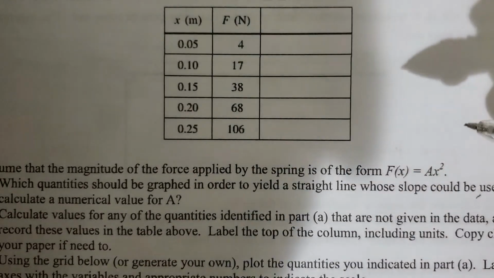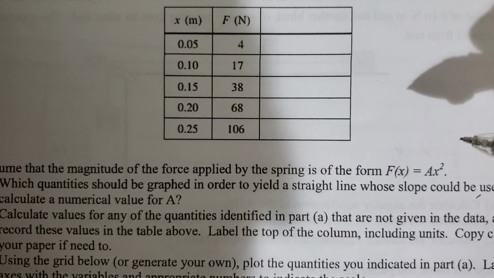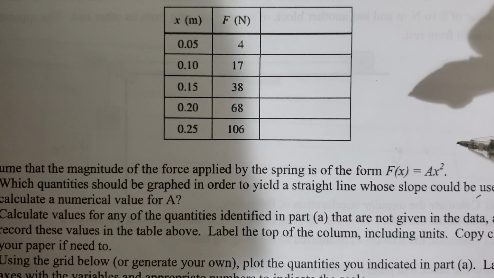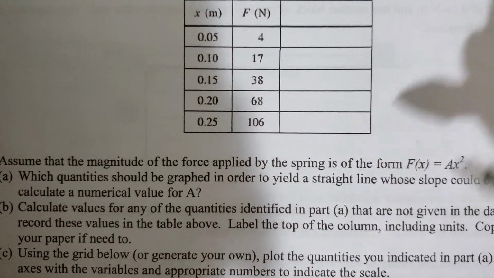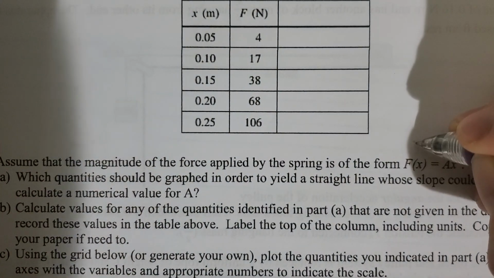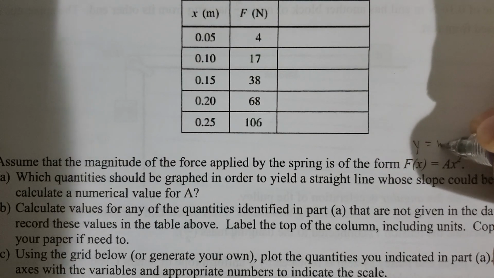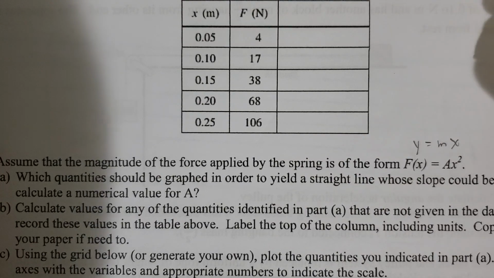So this essentially gives us the relationship between the force applied and the distance compressed. Now part A asks us to determine which quantities should be graphed in order to yield a straight line whose slope could be used to calculate the numerical value for a. Okay, so usually a straight line has the form y is equal to mx, right? I'm gonna ignore the b because b doesn't really matter in this case.